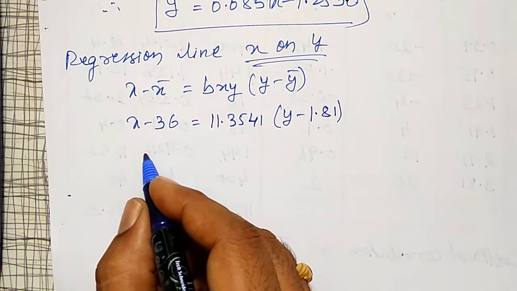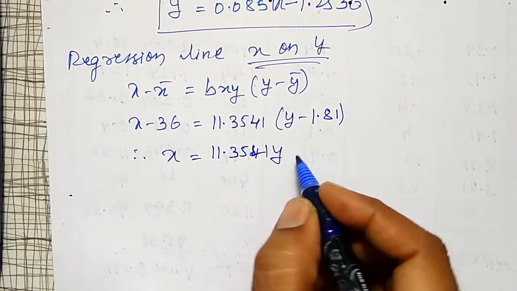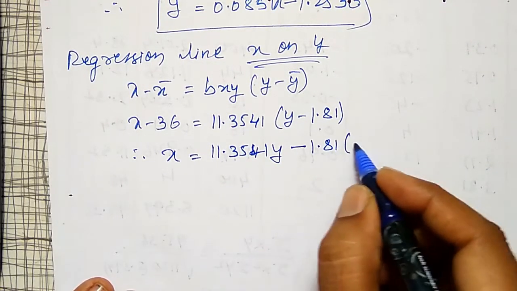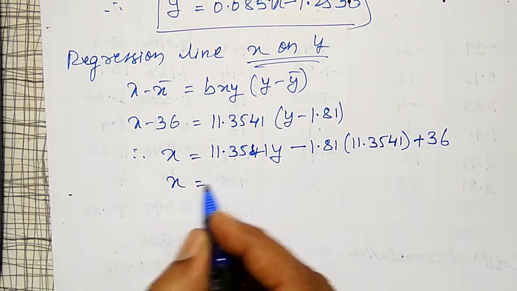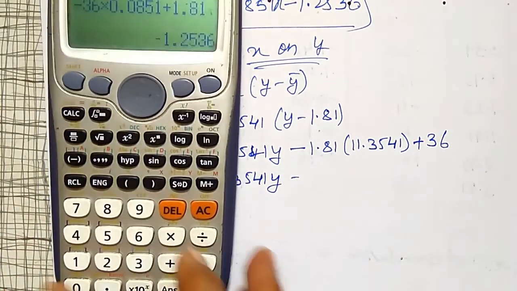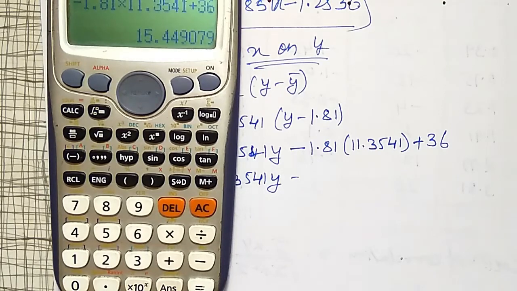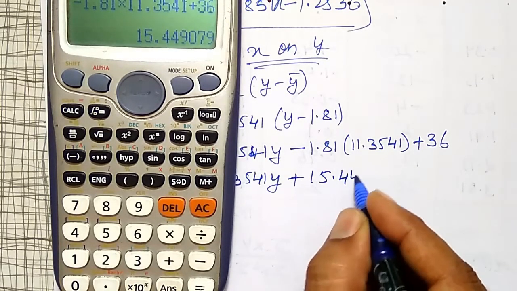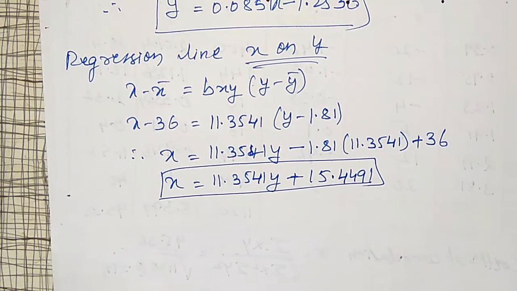Simplifying, x equals 11.3541 y minus 1.81 into 11.3541 plus 36, which comes out to be 15.4491. This is the regression line x on y.